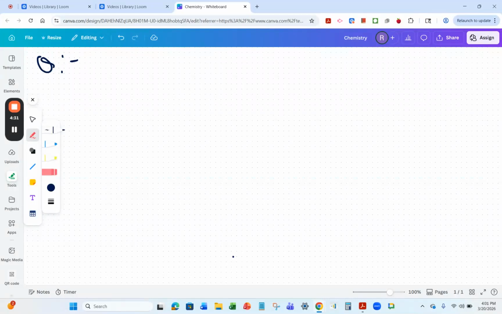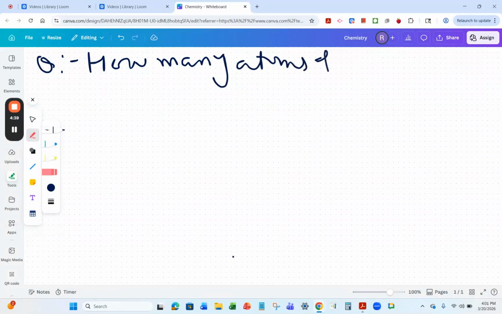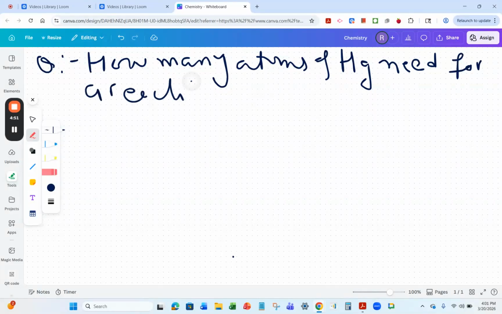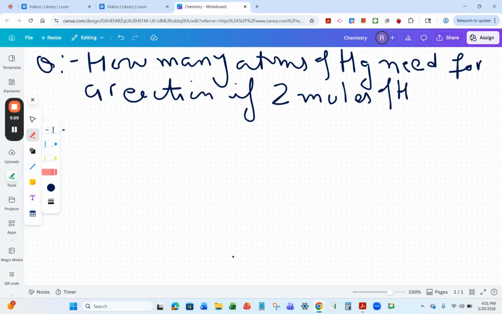So let's take: how many atoms of mercury are needed for a reaction if, let's say, 2 moles of mercury are given?